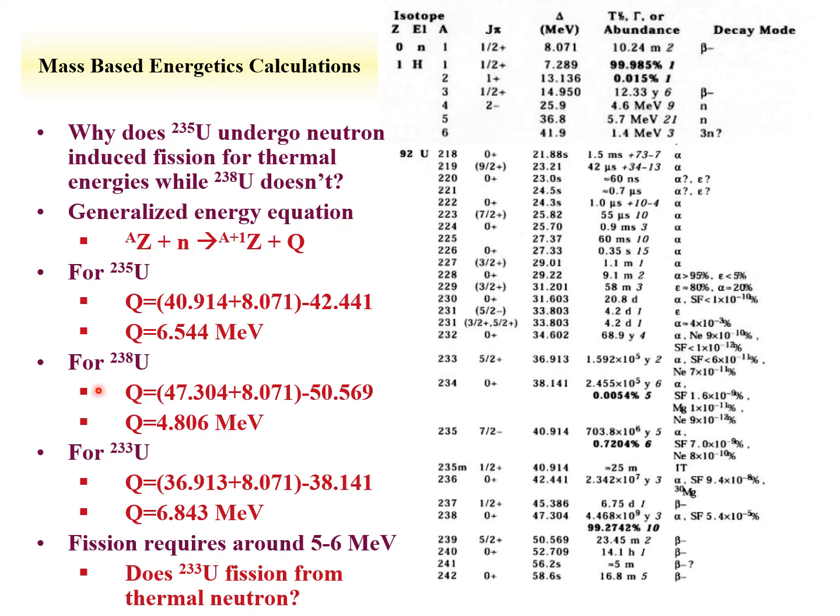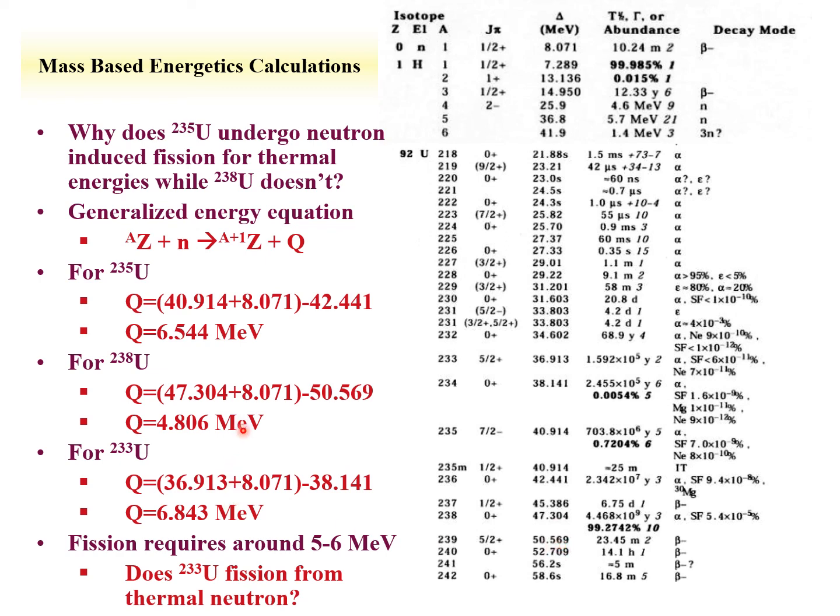We can determine the mass excess values here. Here's the neutron. Here's uranium-235, uranium-236, uranium-238, uranium-239. We get that the Q value for the uranium-238 reaction is about 4.8 MeV, and the Q value for uranium-235 is about 6.5 MeV.